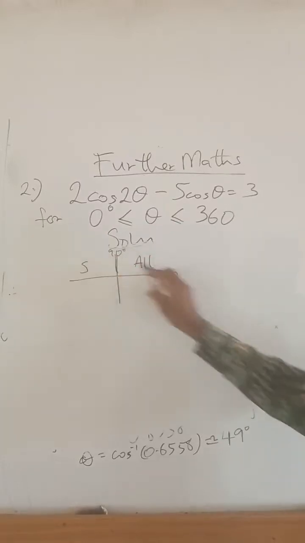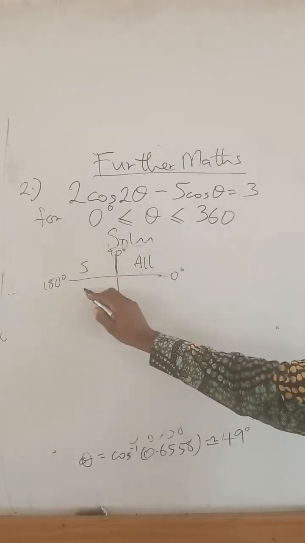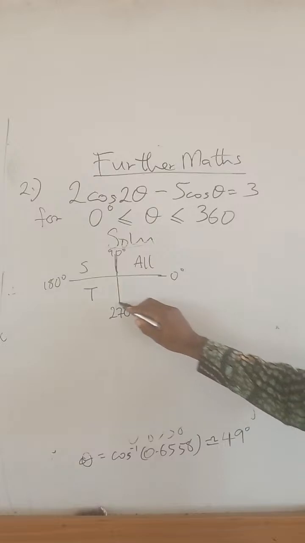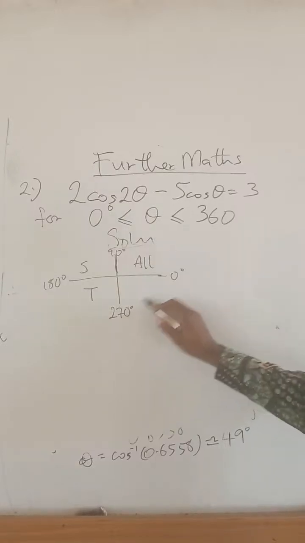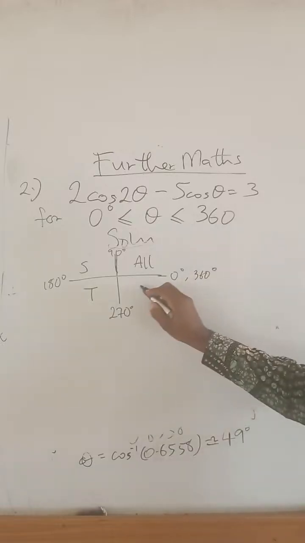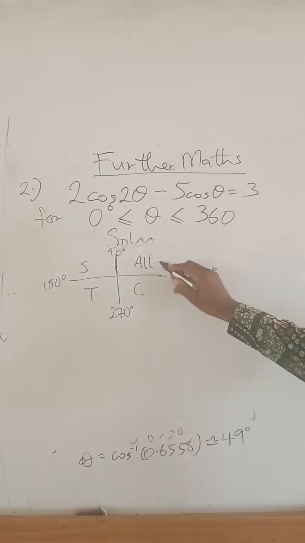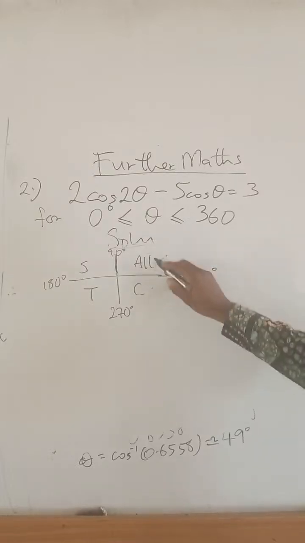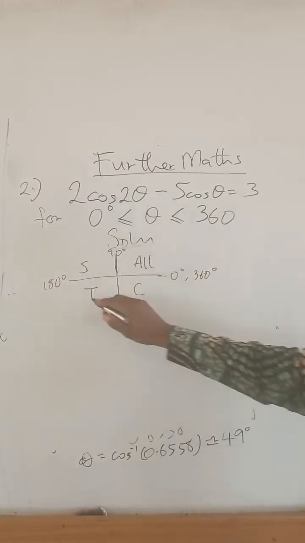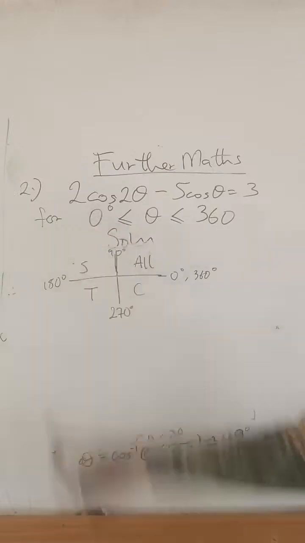The second is between 90 and 180 degrees. The third, only tan is positive, and it's between 180 and 270 degrees. While the fourth is between 270 and 360 degrees. Cosine is positive here, so we see cosine to be positive in the first and the fourth. We'll be considering the values of theta where cosine is negative. That's the second and the third.